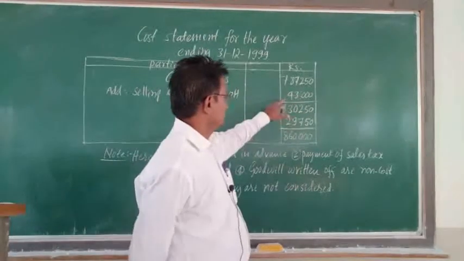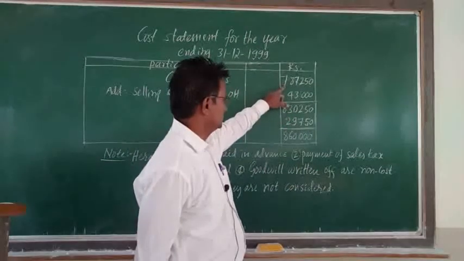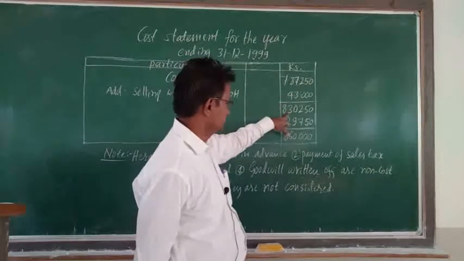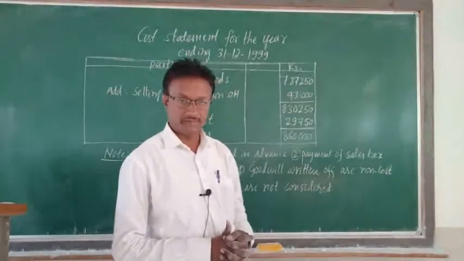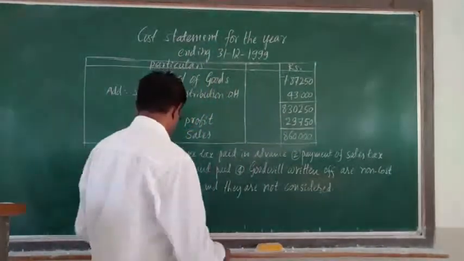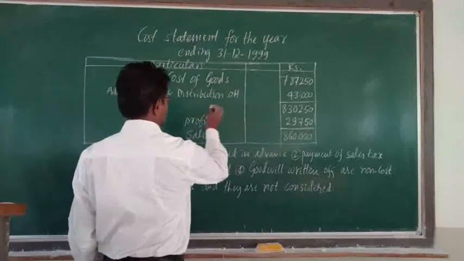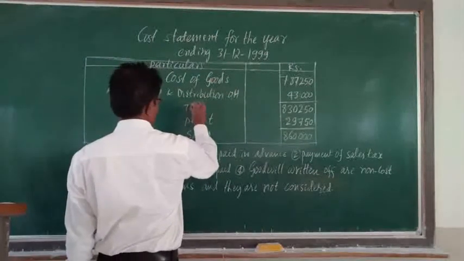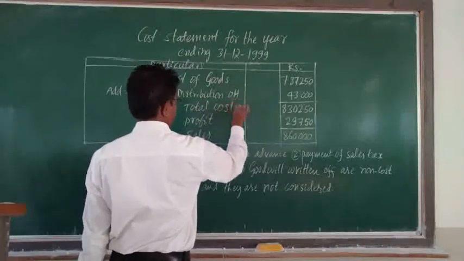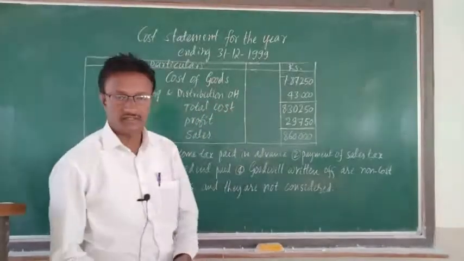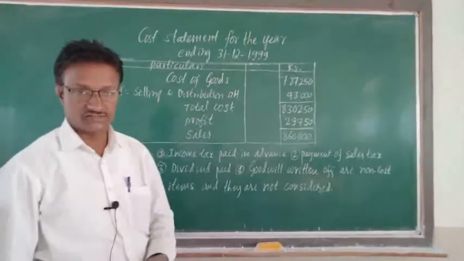So make total of these two items, it becomes 8,30,250, and now it is the total cost. 8,30,250 is the total cost, and this total cost is compared with sales.